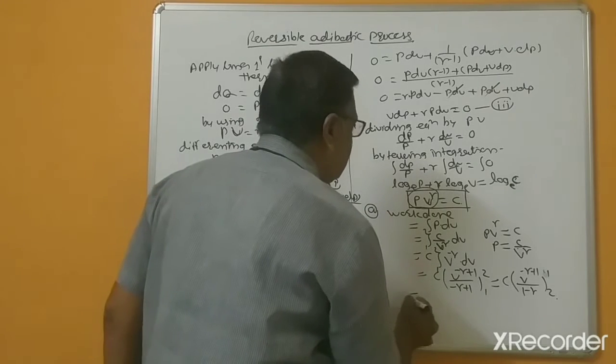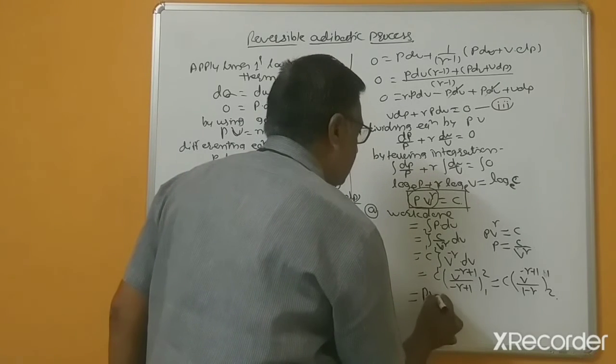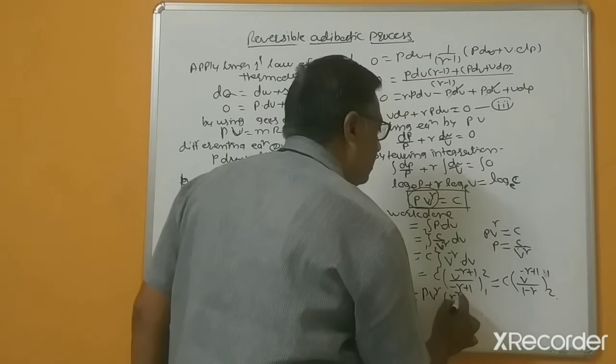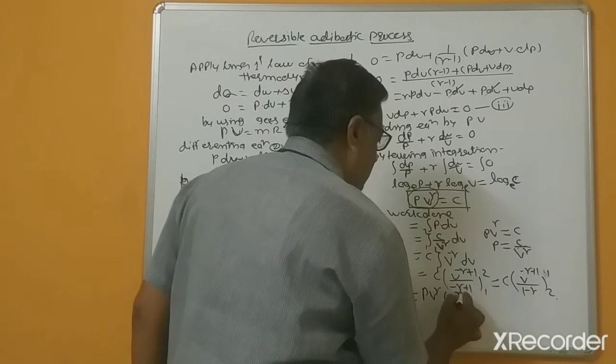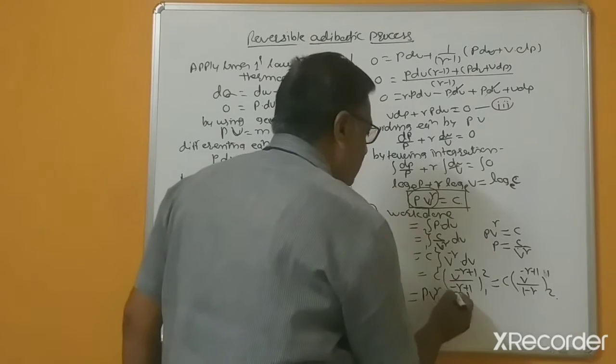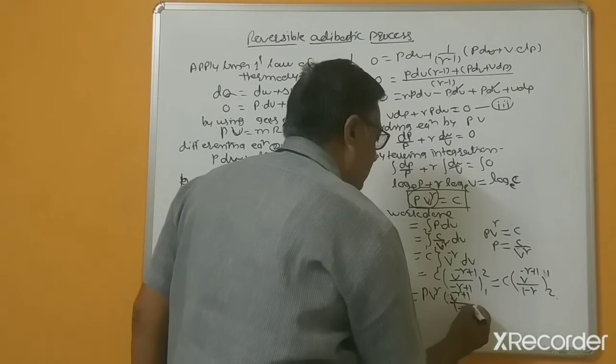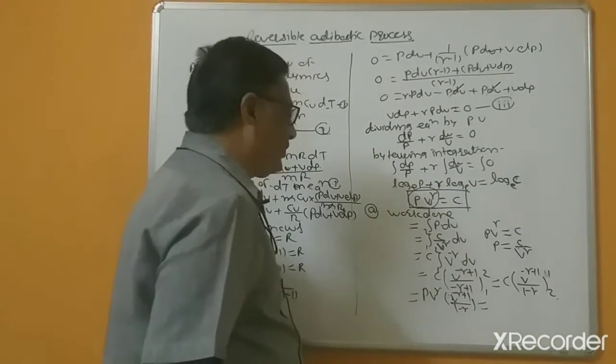Now put C equal to PV raised to gamma, so PV raised to gamma times V raised to (1 minus gamma) divided by (1 minus gamma).